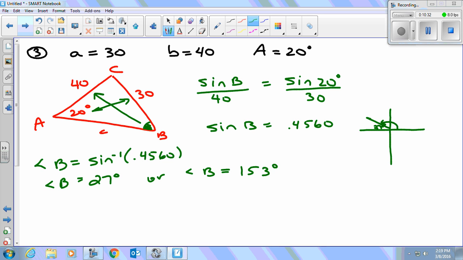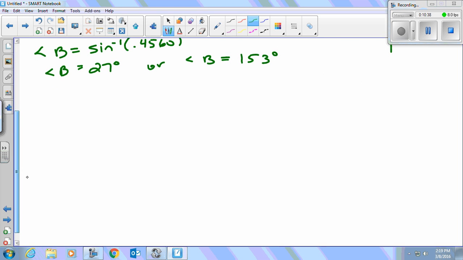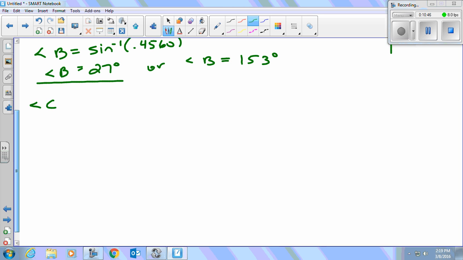So again, start with the acute angle, and let's use that to solve for angle C and side C. If B is 27 degrees, angle C will be 180 minus the 20 of angle A and minus the 27 of angle B, and angle C then is 133 degrees.